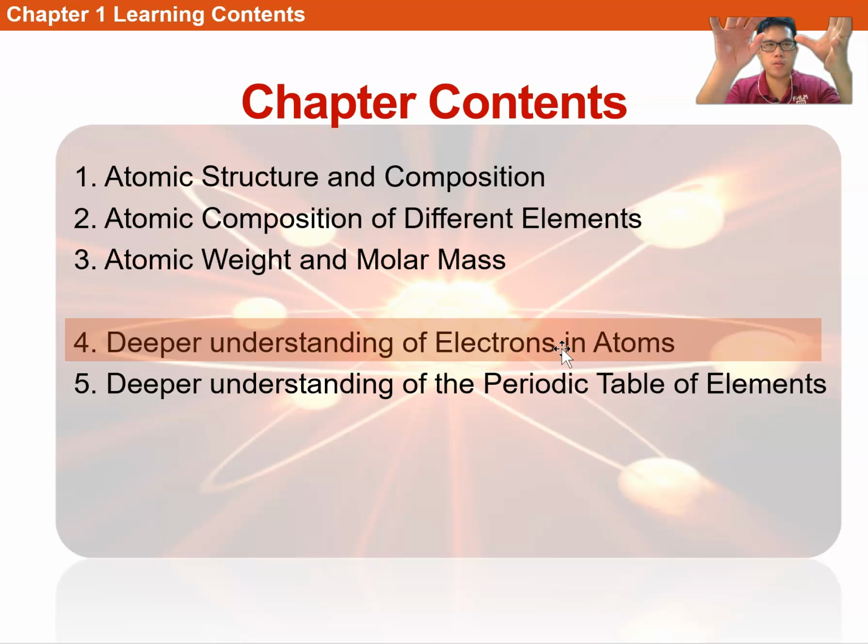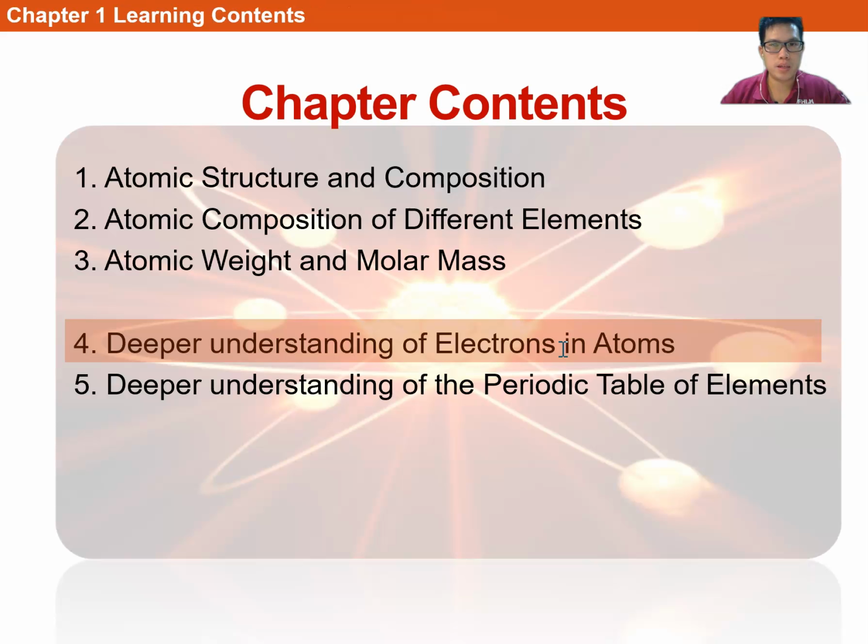The core is made of the protons and neutrons. In this section you're going to learn how the electrons are arranged outside the atom. And the second part is a deeper understanding of how the elements are arranged in the periodic table.